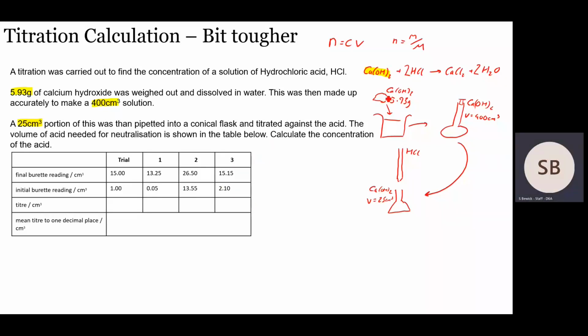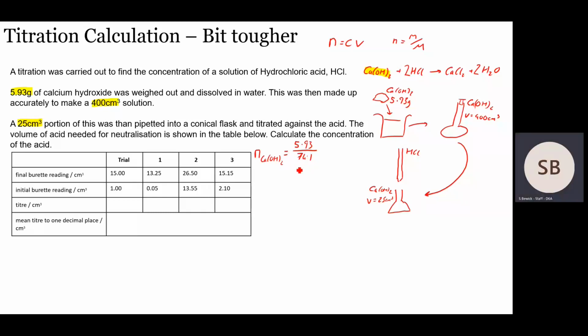So we know the mass, but mass doesn't really help us. We want to know the moles of calcium hydroxide. So to work out the moles of the calcium hydroxide, it's going to be mass divided by molar mass. So we know the mass is 5.93 grams, and the molar mass of calcium hydroxide is 74.1.